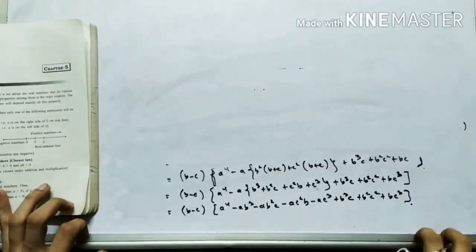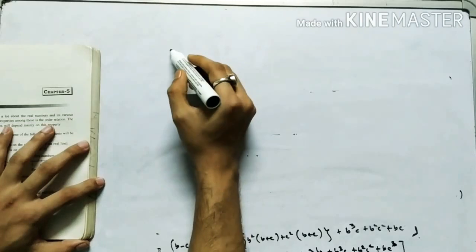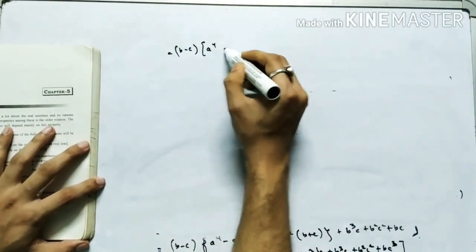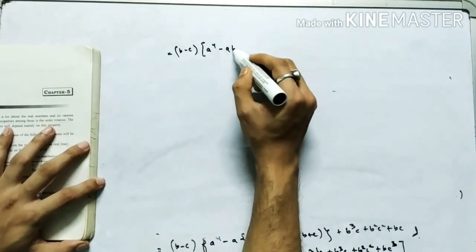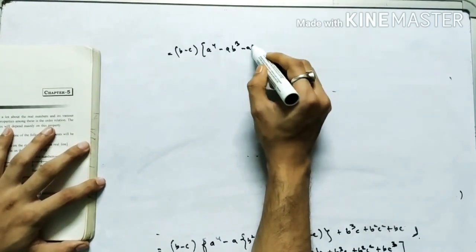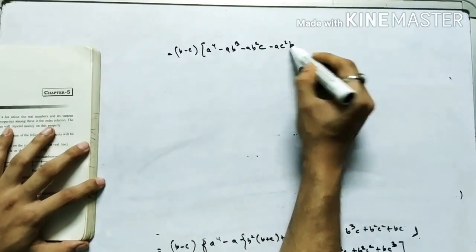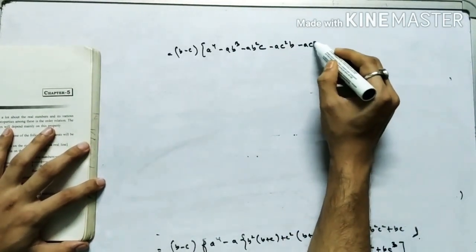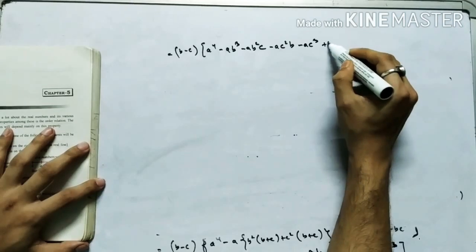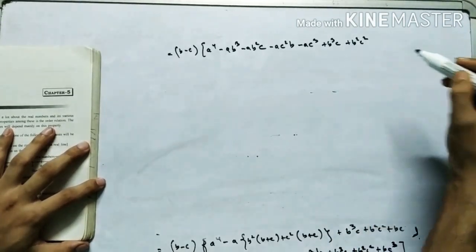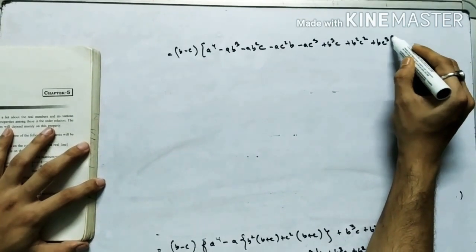Okay, so now in here you see I got here b minus c a4 minus ab cube minus ab square c minus ac square b minus ac cube plus b cube c plus b square c square plus bc cube I am getting here.